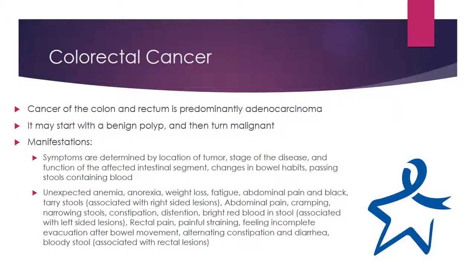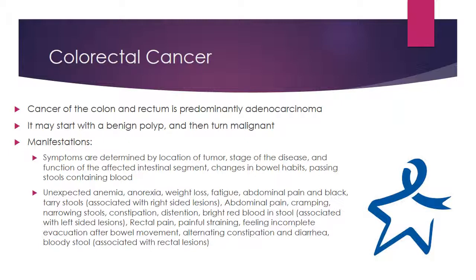Okay, so next up we have colorectal cancer, and this is cancer of the colon and rectum, which is predominantly adenocarcinoma. It could start with a benign polyp and then turn malignant. Some manifestations are symptoms that are determined by the location, the tumor size, the stage of the disease, and the function of the affected intestinal segment.